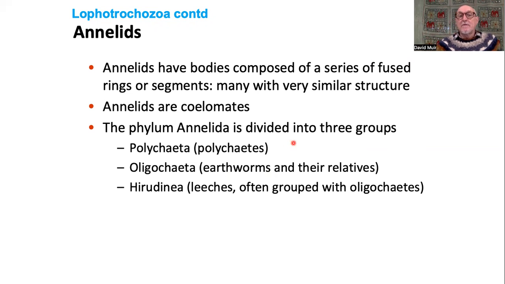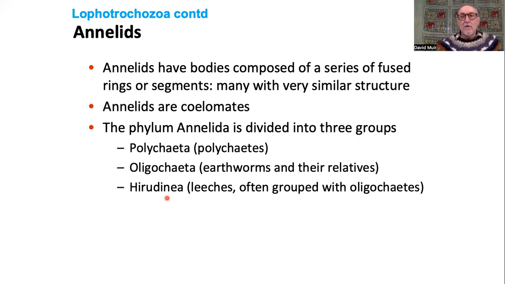Now, the group are called the Annelids, and they are divided into three dominant groups: the polychaeta, which are marine; the oligochaetes, which are the earthworms and all of their relatives, which you find in soil and in aquatic habitats, both marine and freshwater.